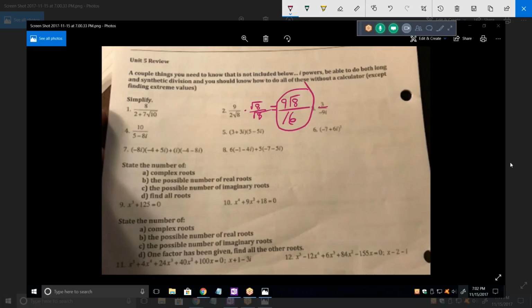What is a final answer? What's root 8 equal to? 2 root 2. So this becomes 18 root 2 over 16, and now I can simplify that. Then it'd be 9 root 2 over 8. There you go. So it's amazing how some of these simplify.